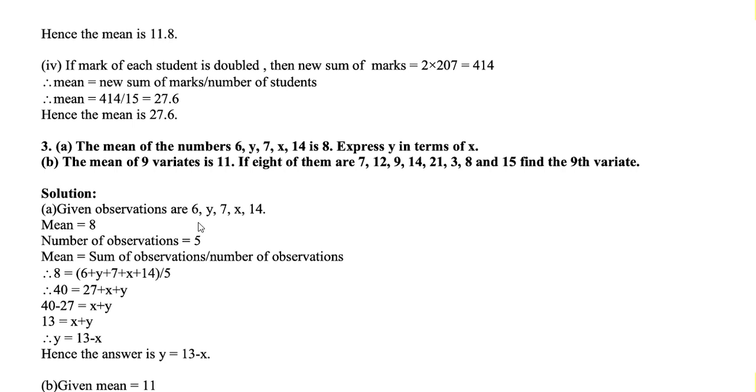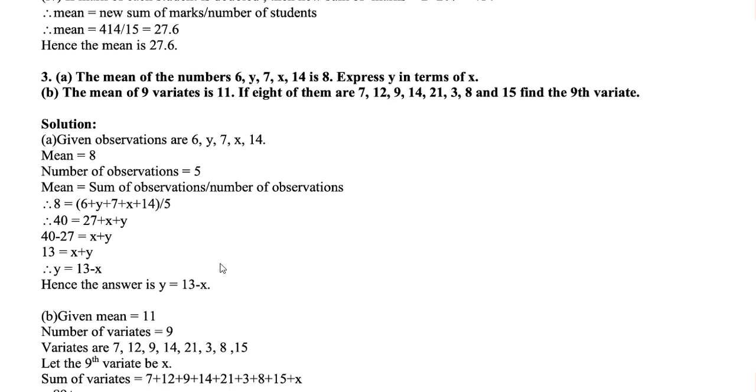The mean of the numbers 6, y, 7, x, 14 is 8. Express y in terms of x. Here the given observations are 6, y, 7, x, 14, and the number of observations is 1, 2, 3, 4, 5. As we know, mean is equal to the sum of observations divided by the number of observations.